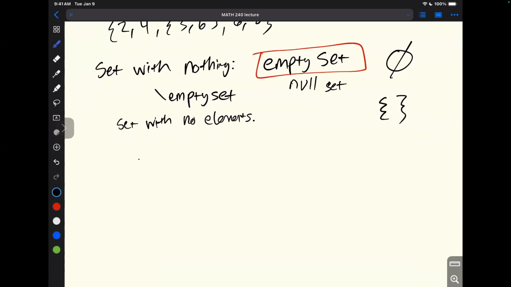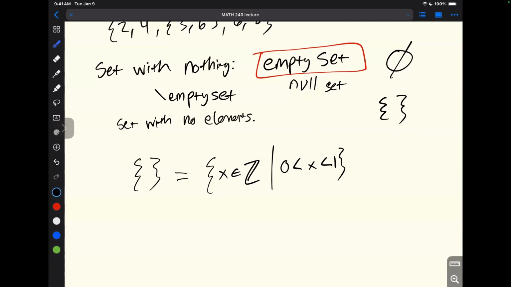So this set, the empty curly brackets, is equivalent to saying I'm going to have integers such that that integer is between 0 and 1, non-inclusive. There's no integers between 0 and 1, so there's nothing in this set. This is like saying a proposition that must be false because no integers satisfy it.